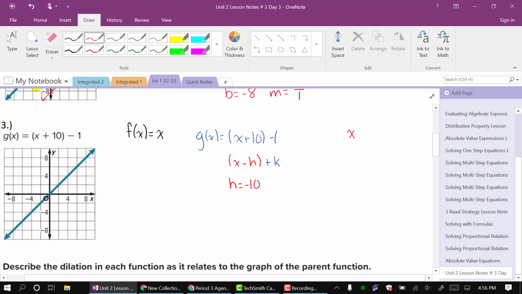Because if I had x minus negative 10, the double negatives would turn into x plus 10, which is what I have in my original problem. So my h value is negative 10. Now my k value needs to be a plus, but it happens to be a minus, so k equals negative 1.